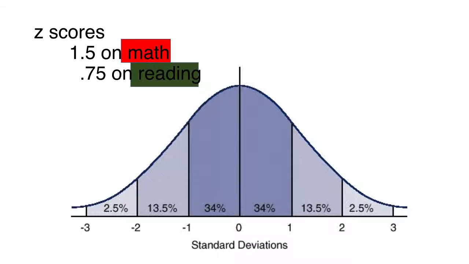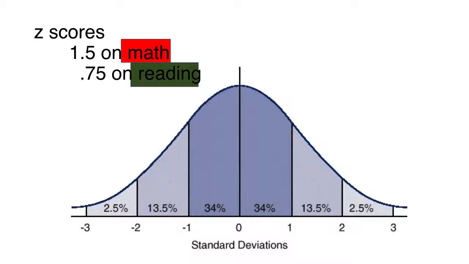We're going to look at the Z-scores for someone who took a math test and a reading test. And we calculated that this person's score on the math test, their Z-score, standardized, is 1.5 on math and 0.75 on reading. These two tests were completely different, and a 50% on math did not mean the same thing as a 50% on reading. So I couldn't do it that way.